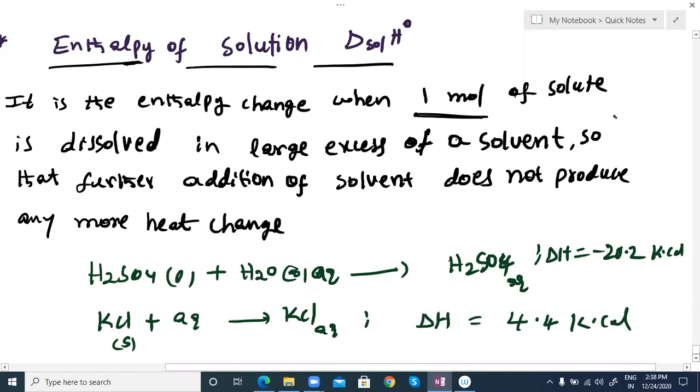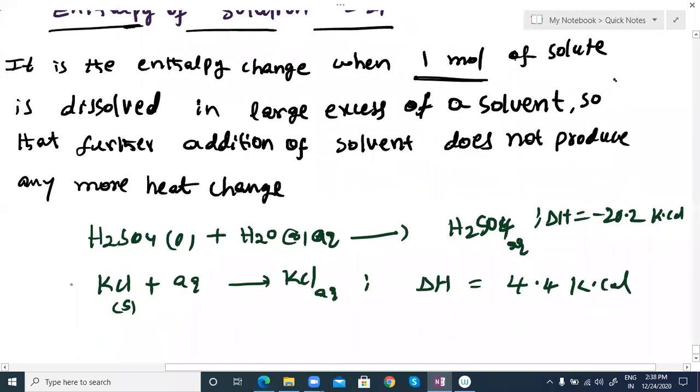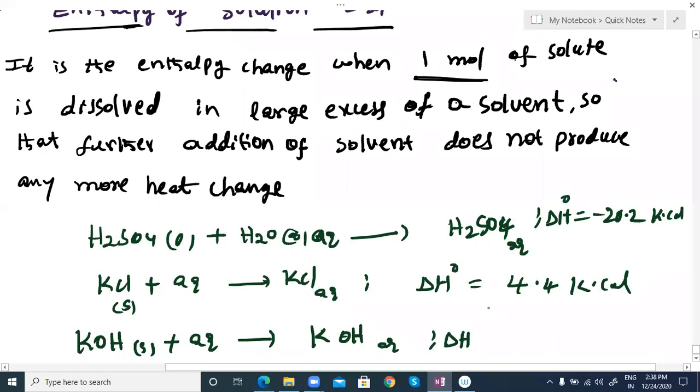Exothermic or endothermic, you can decide based on the sign. KOH solid plus aqueous gives KOH aqueous, delta H naught equal to minus 13.3 kilocalorie.